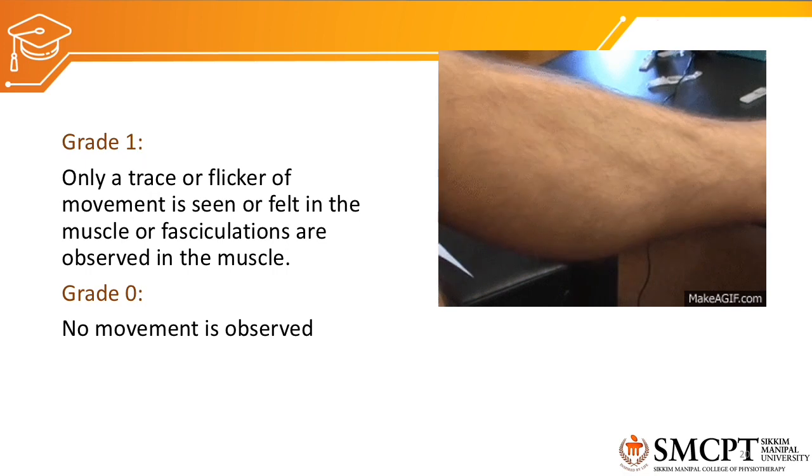Grade 3 means patient is able to perform full range of motion against gravity. Grade 2, patient is able to perform full range of motion in eliminated gravity position. And grade 1, there is no movement at the joint but there is only flicker of contraction of the muscle. And grade 0, there is no movement, no flicker of contraction, it is totally paralyzed.